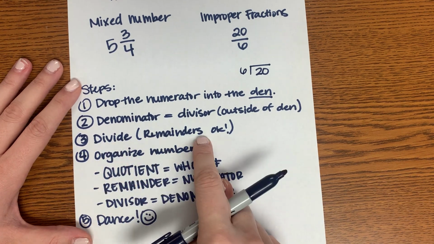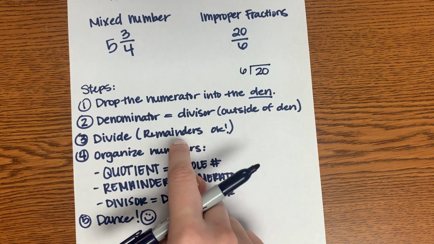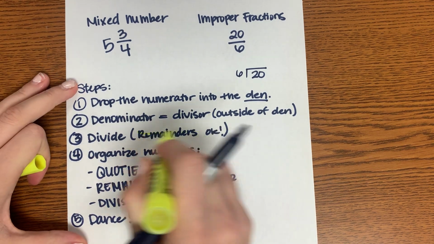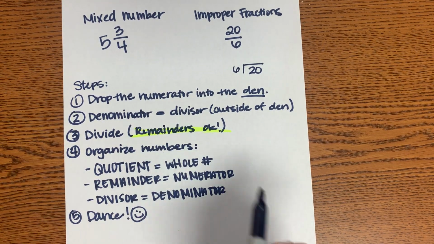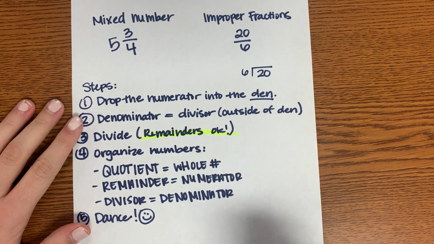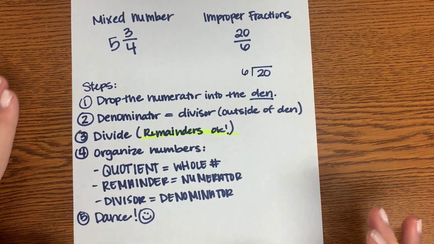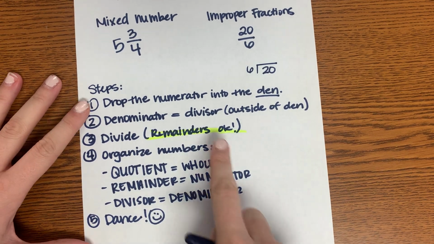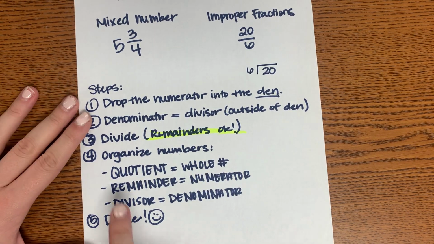Now we're going to divide like normal, and this time, because we are not trying to find decimals, remainders are okay. Whereas when dividing decimals we couldn't have a remainder, now they're okay for writing fractions, so that's what we want here.